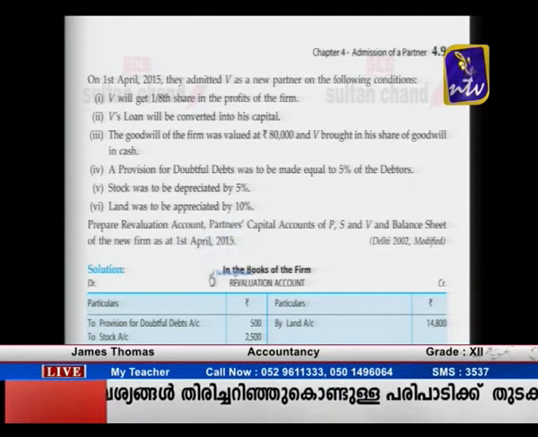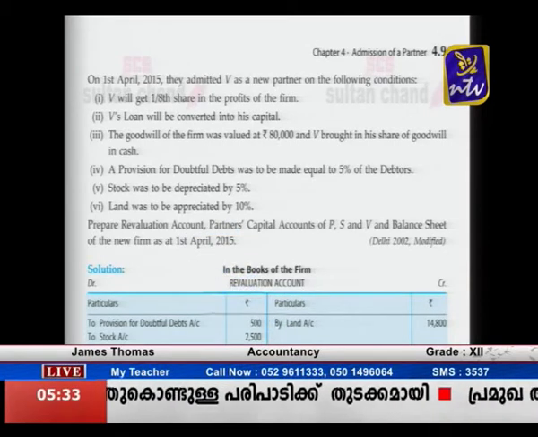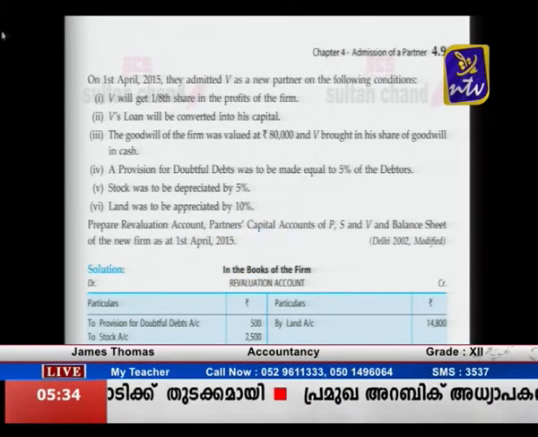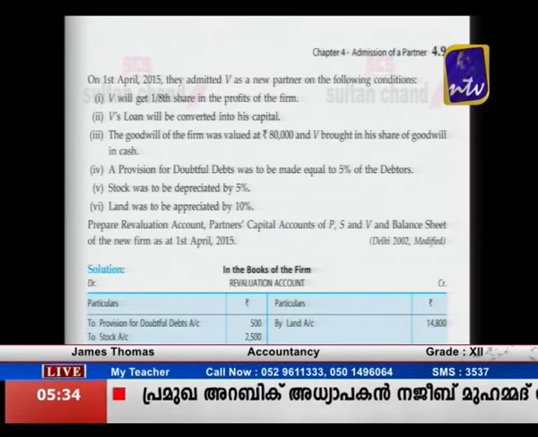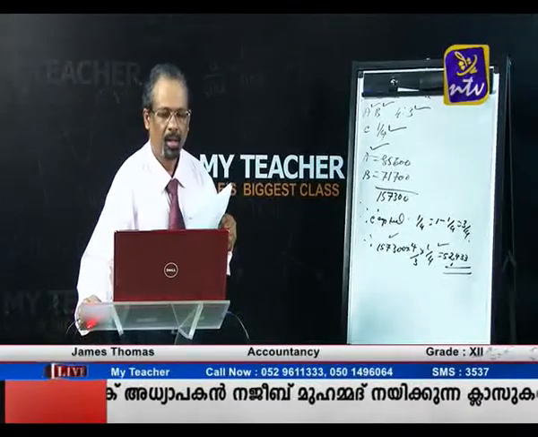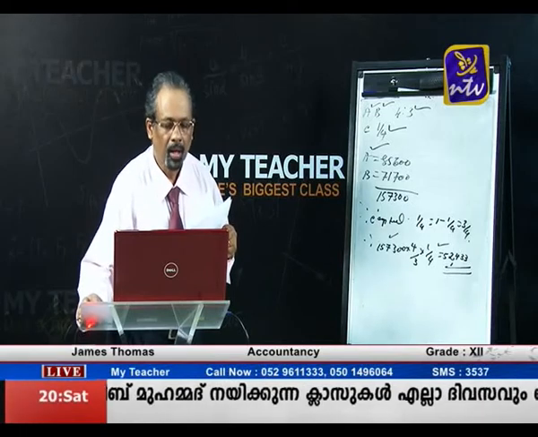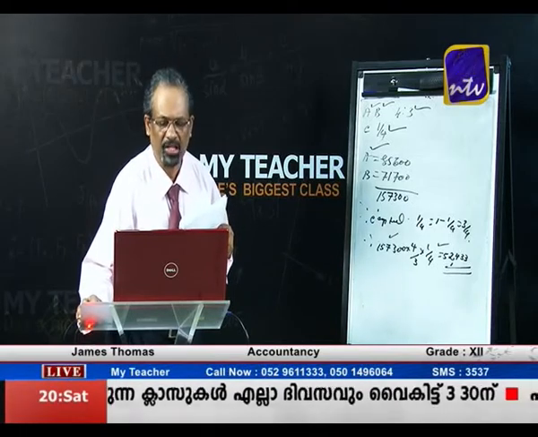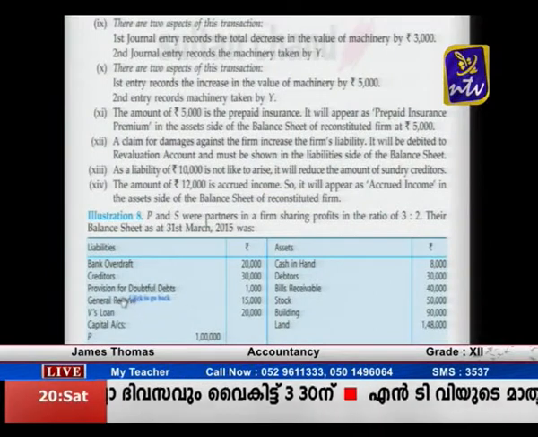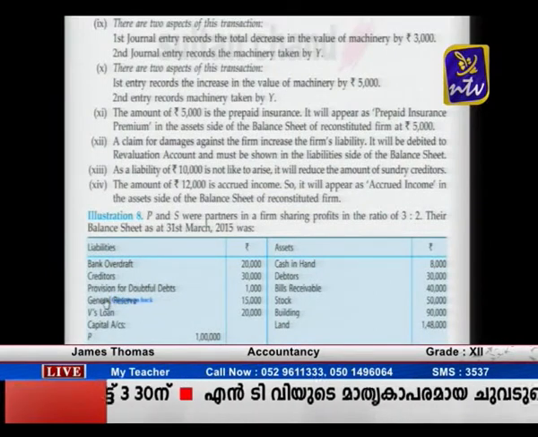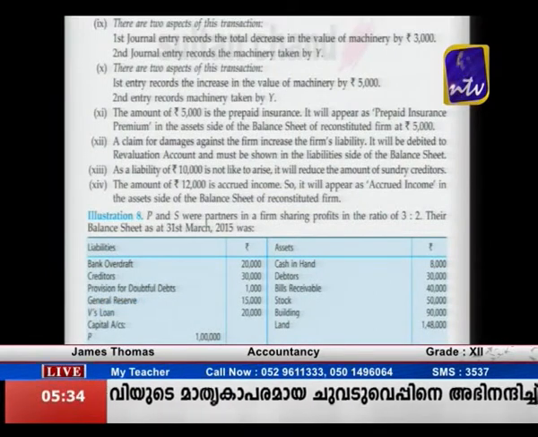And also, just look at the previous page. You can see the provision for doubtful debts of 1,000 is given. So here, look at the balance sheet liability side: provision for doubtful debts is 1,000.